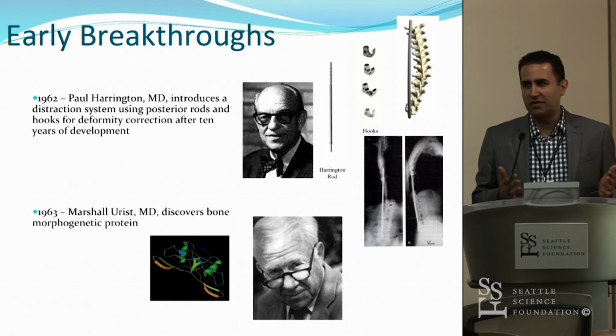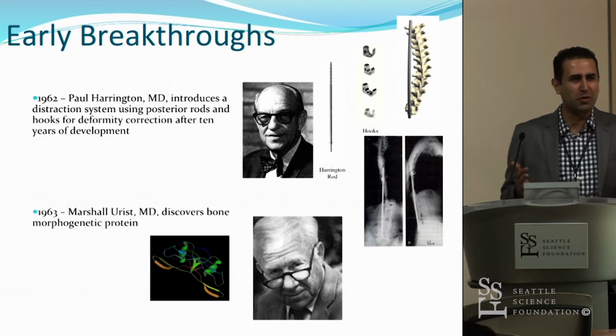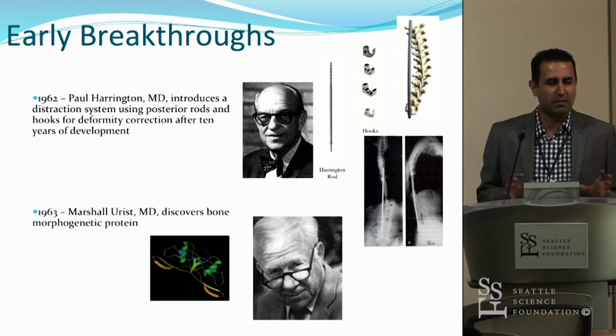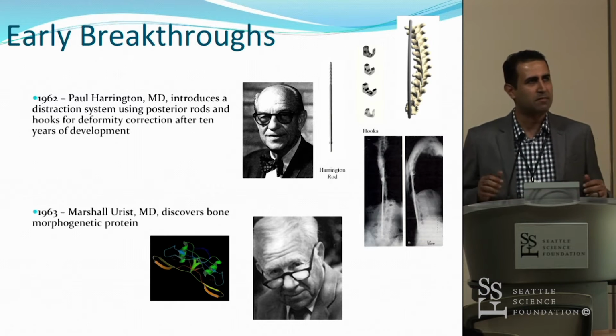And it's interesting, some of you may still see patients in your clinics today that come with a single rod and a two-hook construct. I know I have. And the first thing I do is stand back and balk at what I'm seeing. But when you think about it, the simplicity of the system and the elegance of it was really astounding.